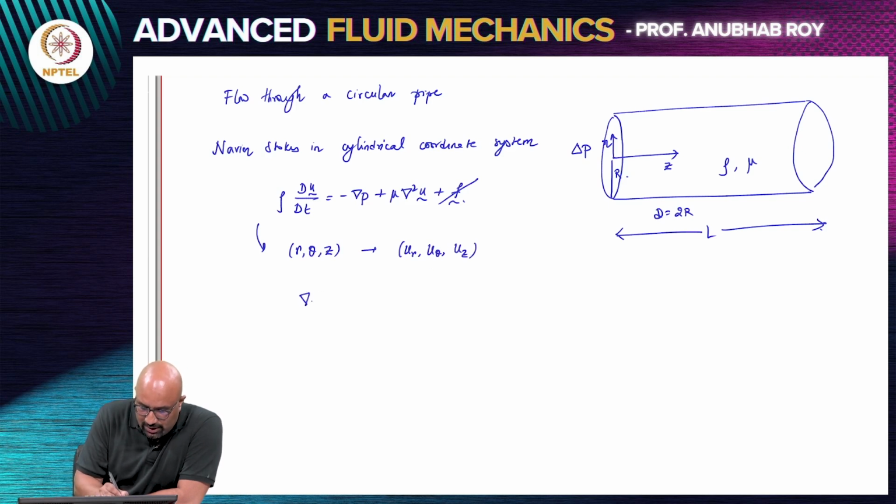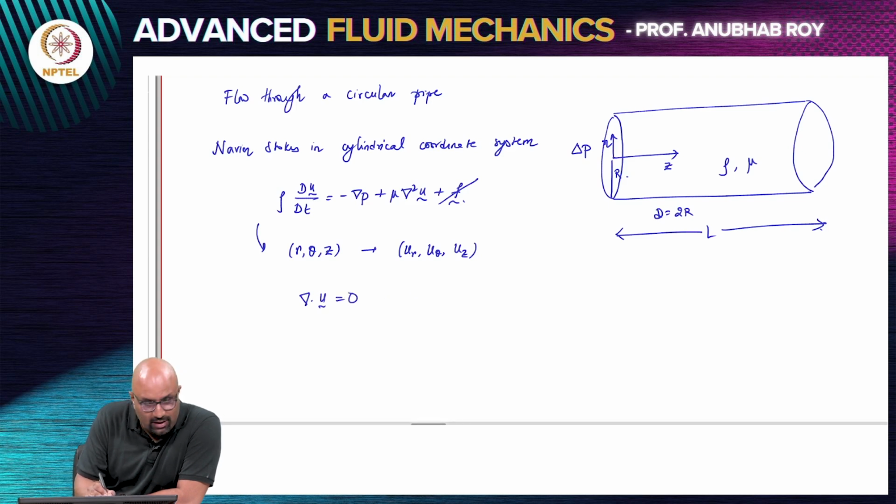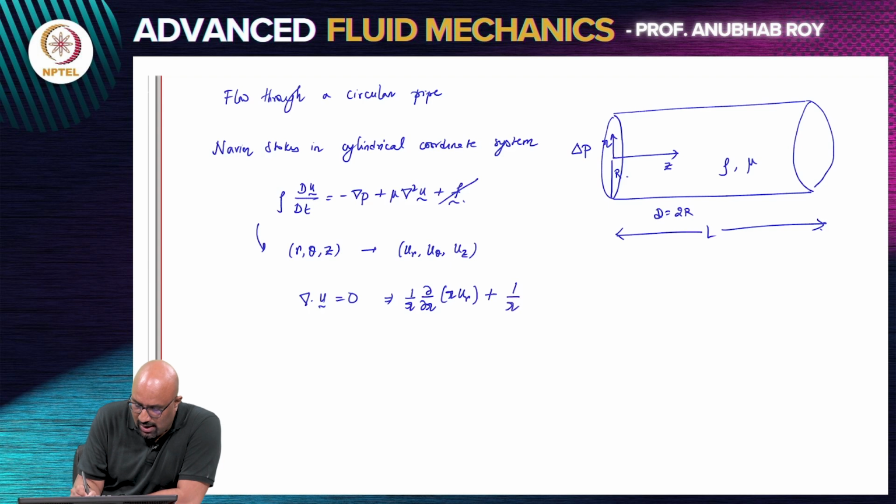So divergence of u, which is the statement of incompressibility if it was 0, is going to now change from what was dou u, dou x plus dou v, dou y plus dou w, dou z, so to derivatives with respect to ur, u theta, uz, and this is where you will start seeing differences coming in, where you have terms that are going to be taking the following form.